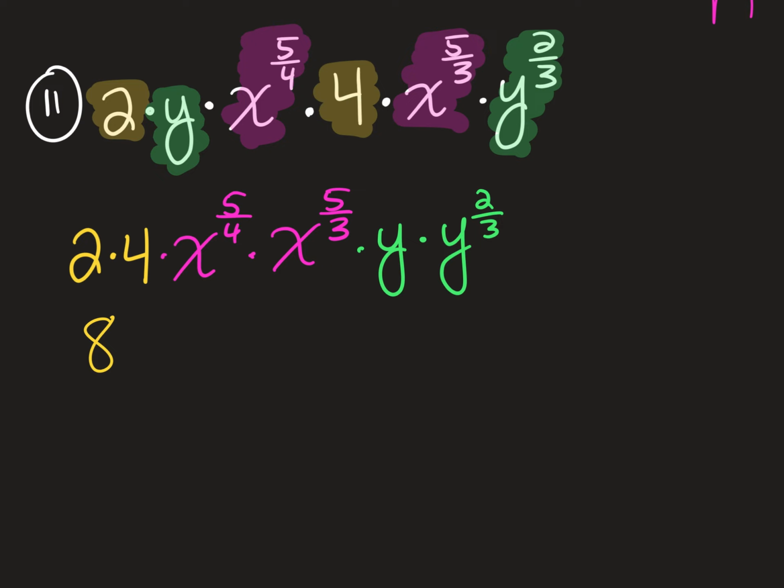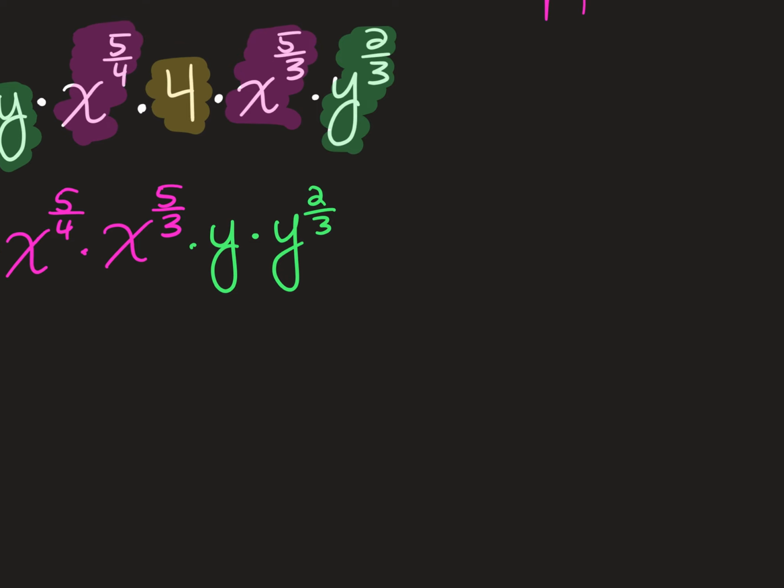That's easy to do. And then we run into some fractional exponents. So I've got to think about how I can combine 5/4 and 5/3 as a power of x. Again, I'm multiplying like bases, so I will add the exponents. So I'm going to just off to the side figure out what 5/4 plus 5/3 is. And then that'll be my exponent on x. So I need a common denominator again.